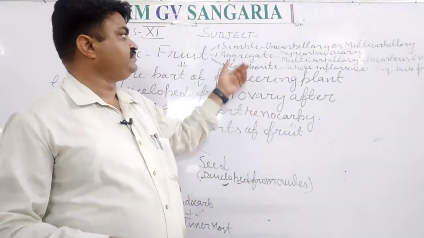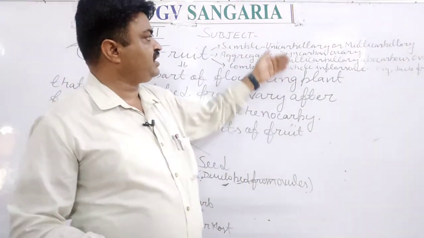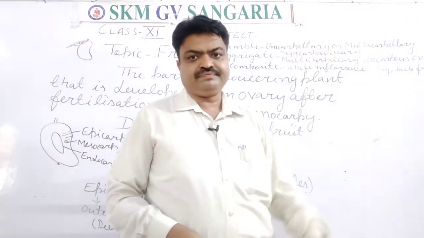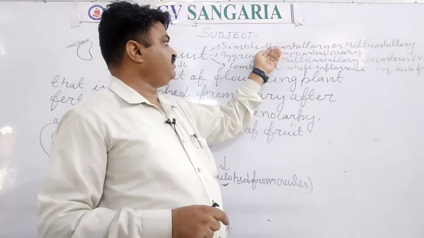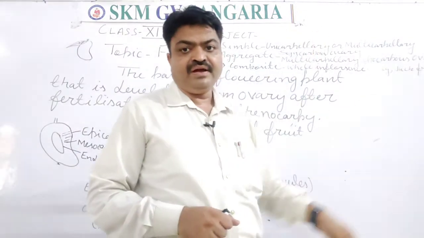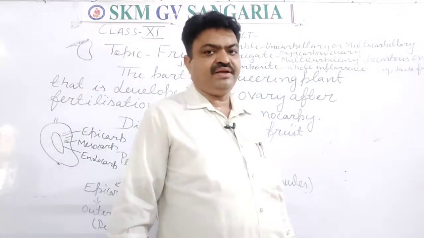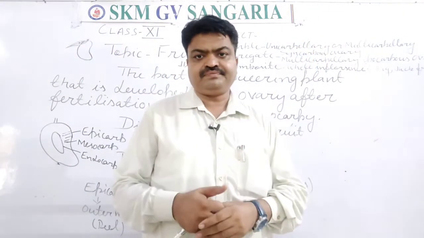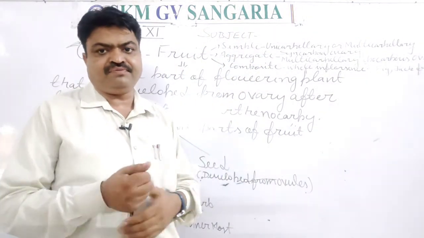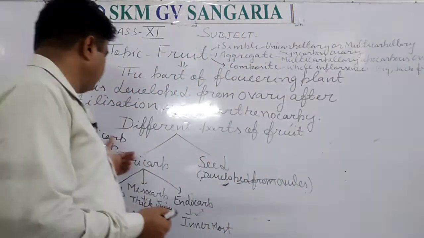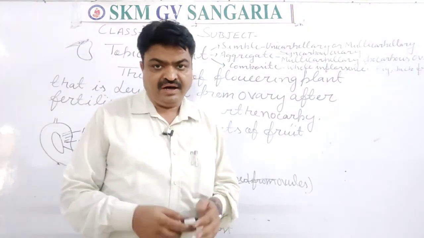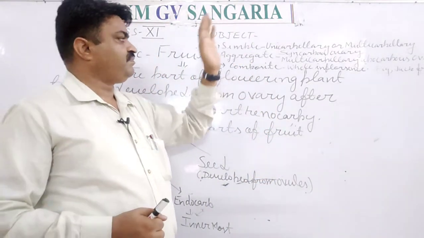And they are developed from unicarpellary or multicarpellary syncarpous ovary. It means some simple fruits are developed from unicarpellary syncarpous ovary, and some are developed from multicarpellary syncarpous ovary. So it is about the simple fruit, and examples of simple fruit are mango, guava, pea, nuts. All these come in the simple fruit, students.